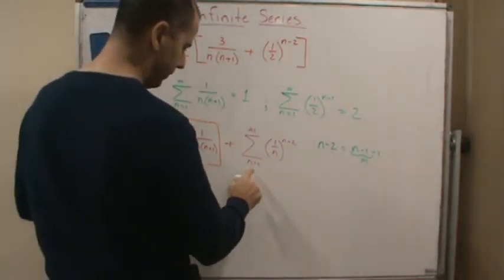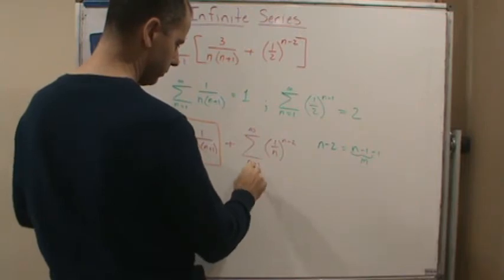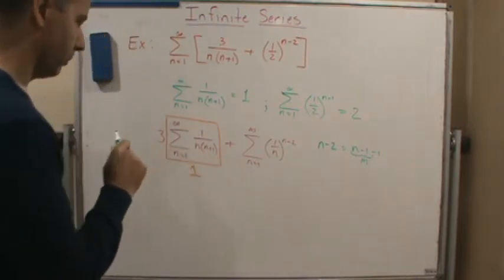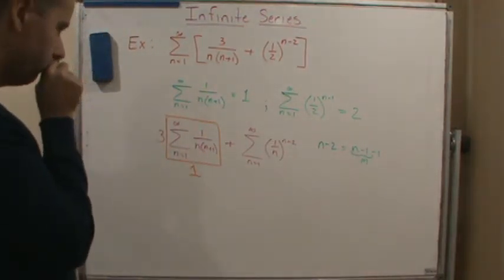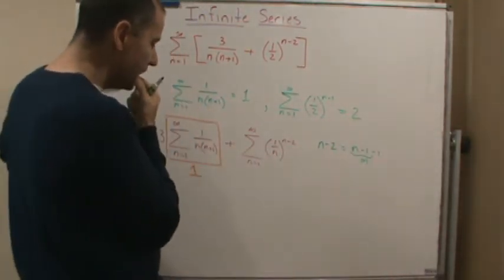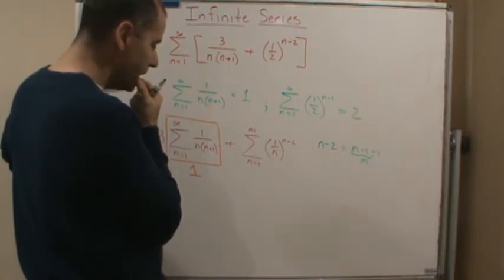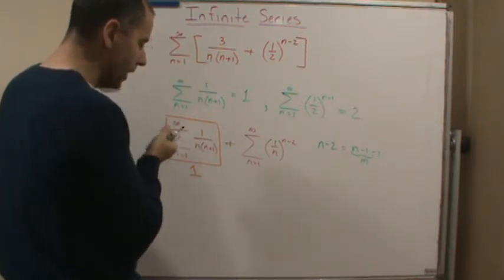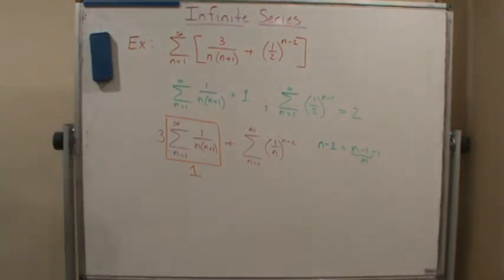So m equals n minus 1. But I still get m equals 0.